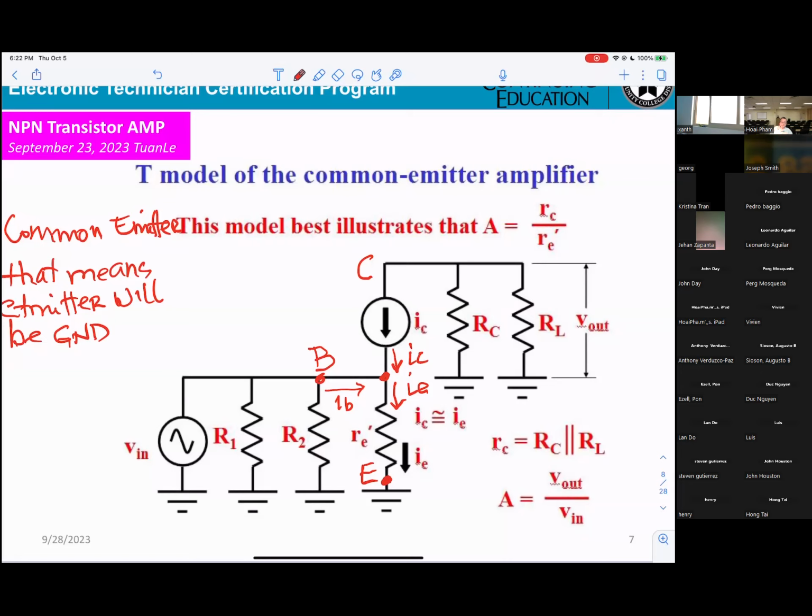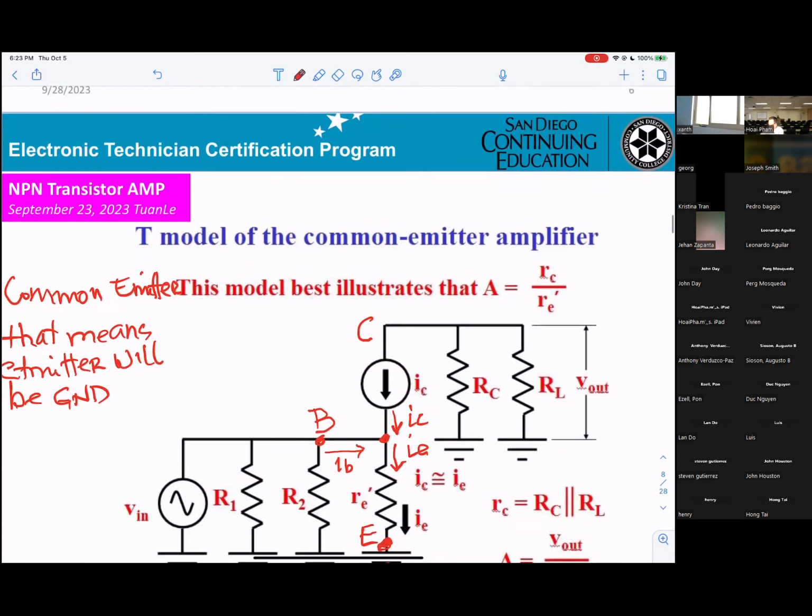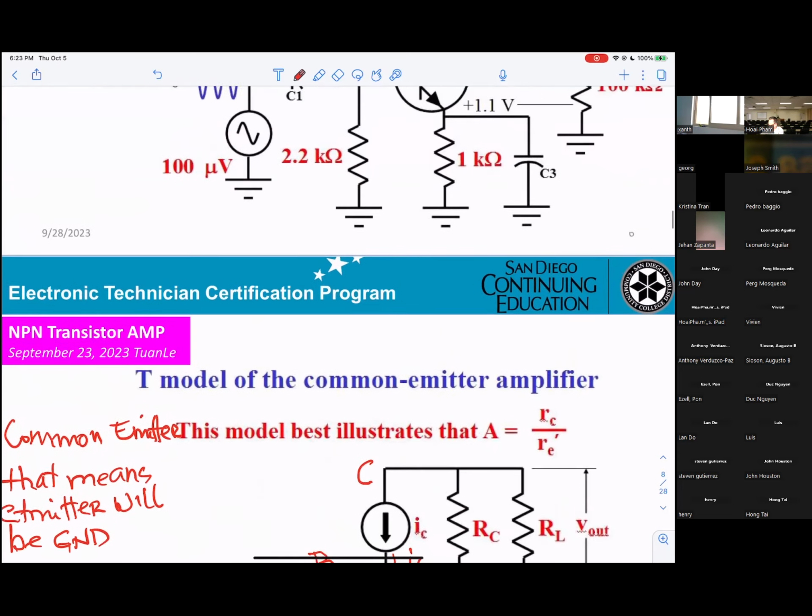Common emitter: they're telling you the emitter will be ground in AC. Now you understand when they're talking about common emitter, common base, or common collector. Okay? Any questions?